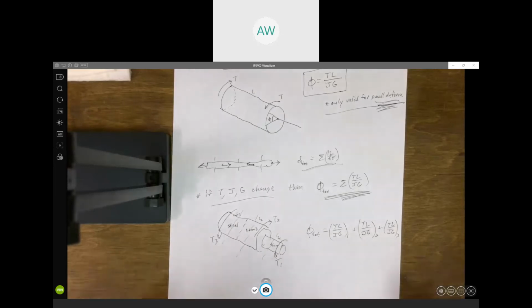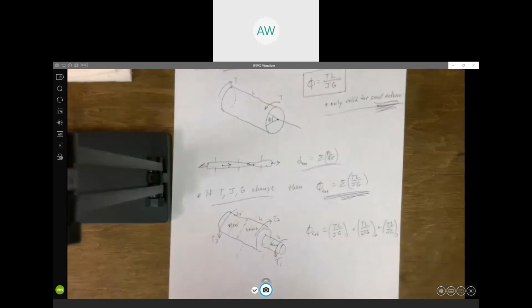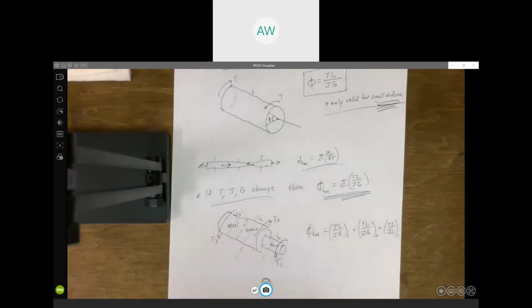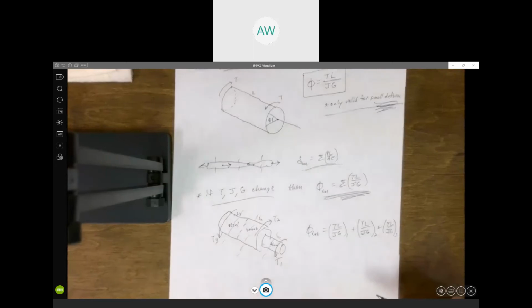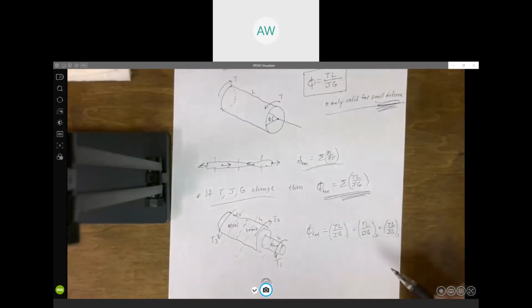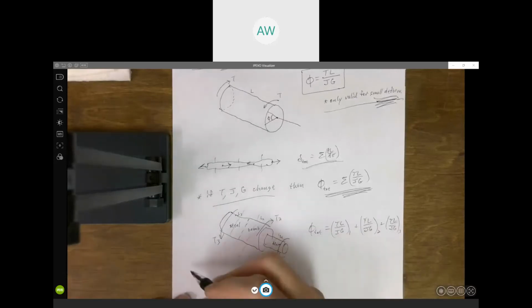Now, in order to do that, this is going to force us to define a positive direction. And that's something I did not mention, so I want to go back and clarify something in just a second. Here, we're going to have to define which direction is positive. And that's what we'll talk about at the beginning of class tomorrow. But I wanted to go back. I'll just stick it down here on the bottom.